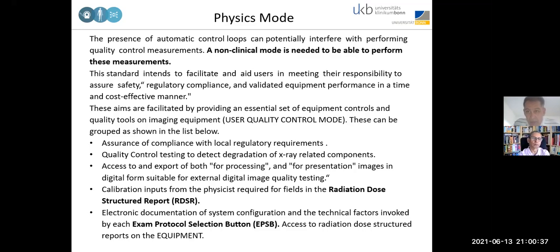If you put your baseline in there, then you know whether your dose is right or wrong. And for the electronic documentation, you have to select something like an exam protocol selection button. Together with the vendors, you should get those reports directly made from your tests. They could be programmed by every vendor.